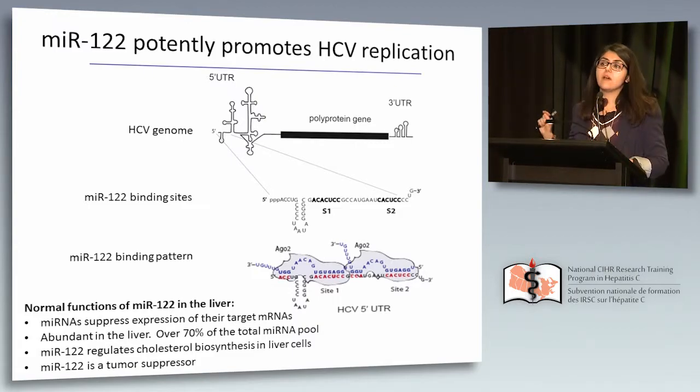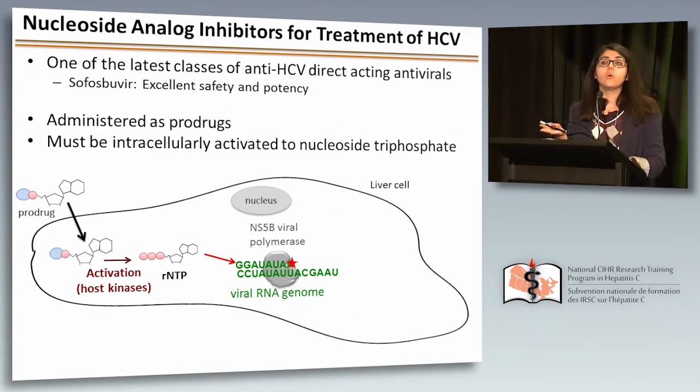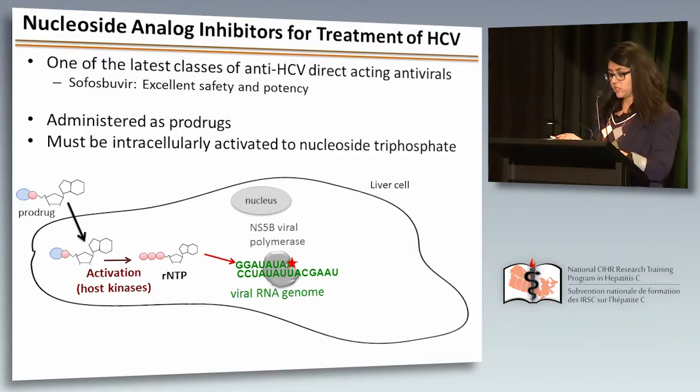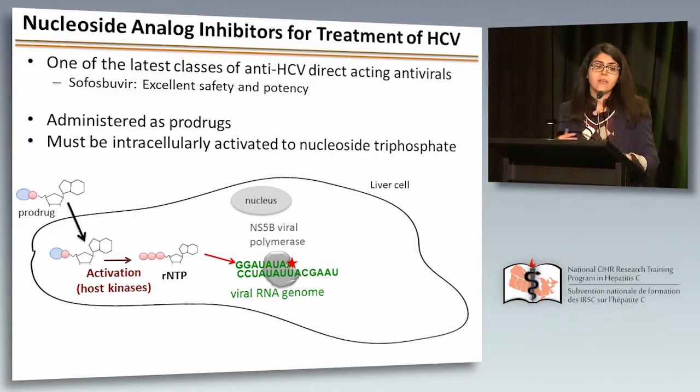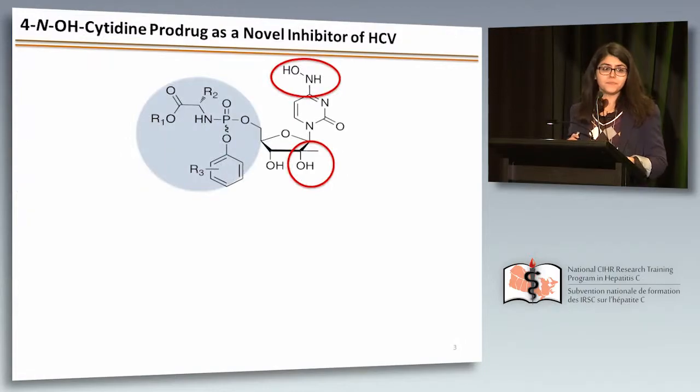And it is only this RNTP form that can go on and be a substrate for the viral polymerase called NS5B. Because this is a structural mimic of natural nucleotides, it'll be incorporated by the viral polymerase into the growing viral RNA chain and cause chain termination. In this way, viral RNA synthesis cannot be completed, therefore the virus cannot replicate.